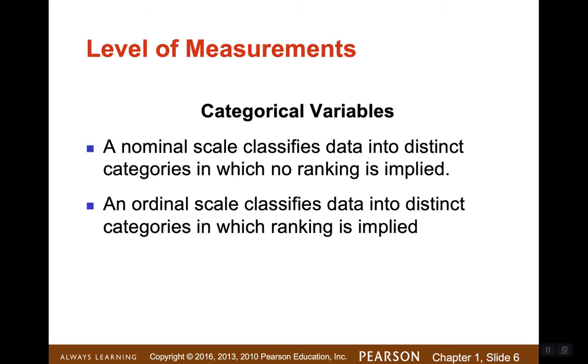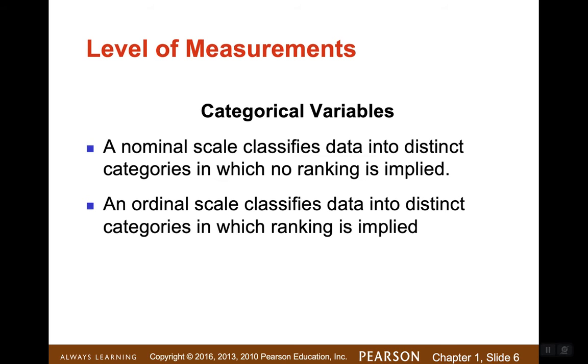In talking about the levels of measurement, with categorical there's actually a further breakdown. There's nominal and ordinal. A nominal scale will classify data into categories in which no ranking is implied.